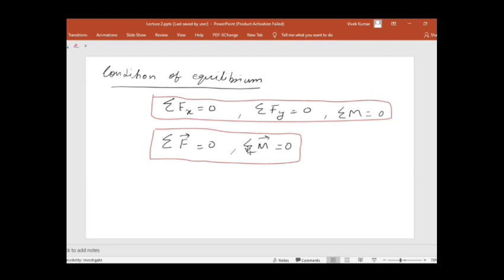Okay, then only the body will remain in equilibrium. तो पहली अगर इक्वेशन आप देखते हैं जहां पे लिखा हुआ सिग्मा Fx और सिग्मा Fy is 0, what does it represent? It represents that the body is in 2D. ठीक है, if the body is in 3D, we have one more component, that is sigma Fz is equal to 0, right? Is it clear?